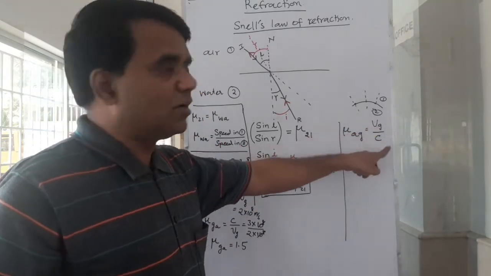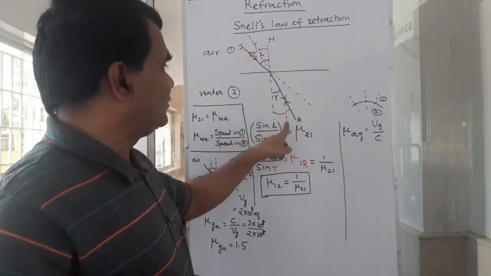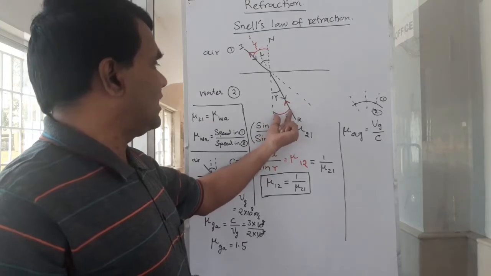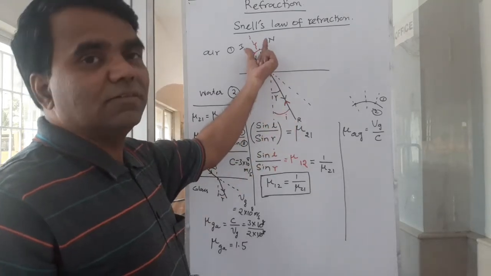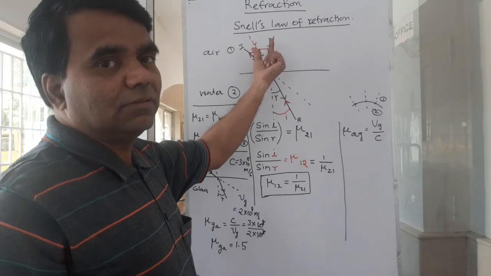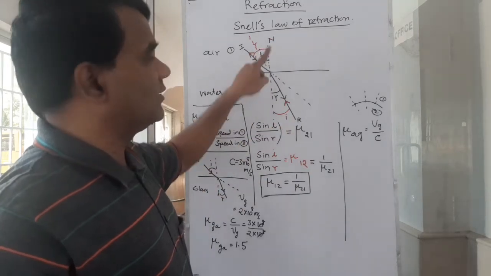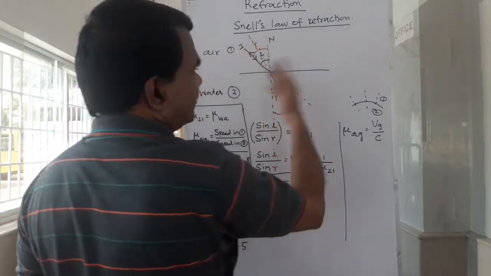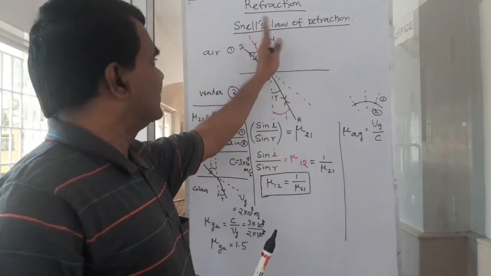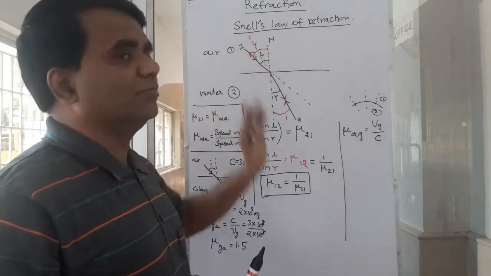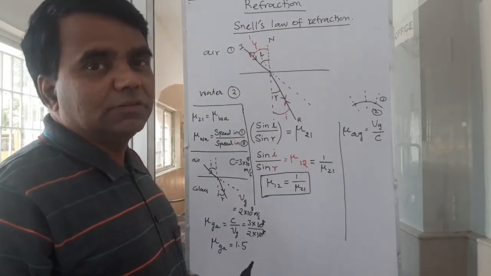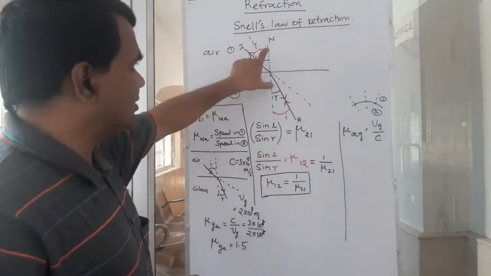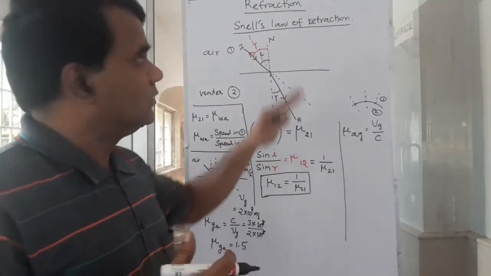So if this has to be a smaller number, clearly now this sin I must be less than that sin R. So this I will be smaller than R. So if I have 30 degrees here, after entering it may become 35 or 40 or 45. So then it diverges, it goes away from the normal. Okay? I want you to understand this. But this is simply the ratio of the speeds in respective mediums.